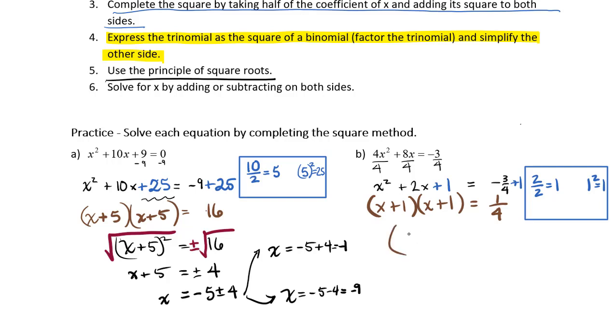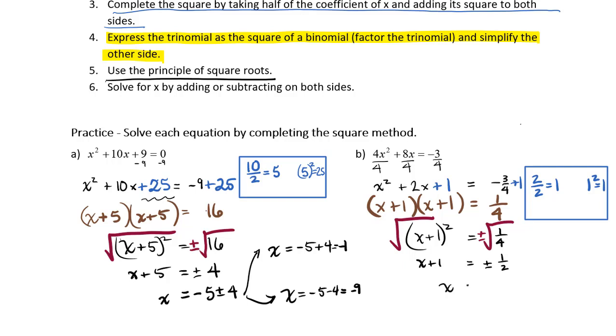This can also be written as x plus 1 squared, and that's equal to 1/4. Now using the principle of square roots, I can square root both sides. Don't forget your plus or minus on an even root. And this will simplify to x plus 1 is equal to plus or minus 1/2.